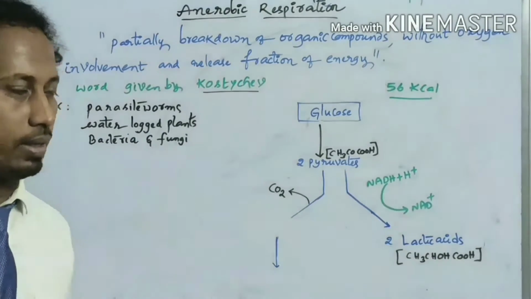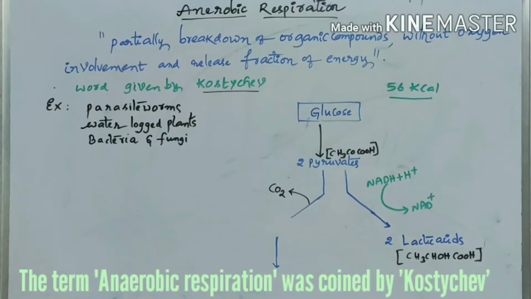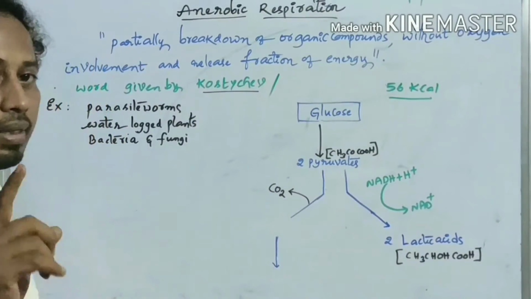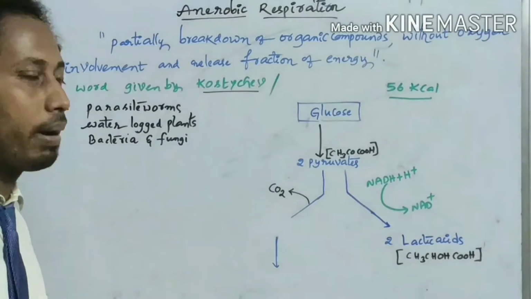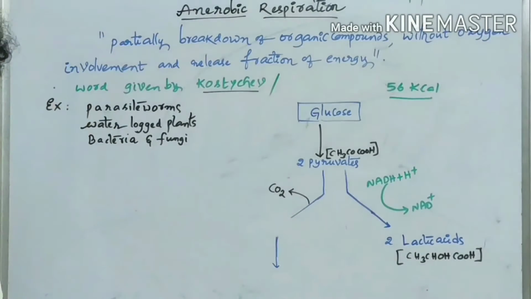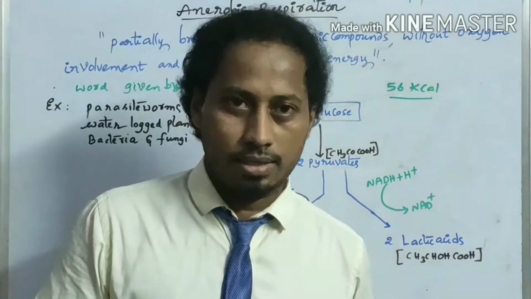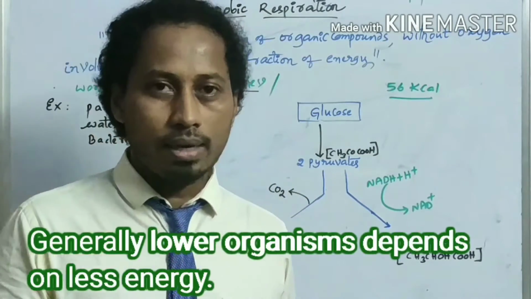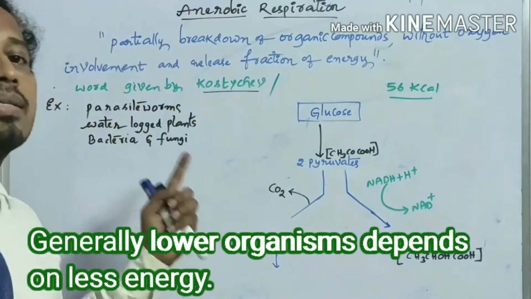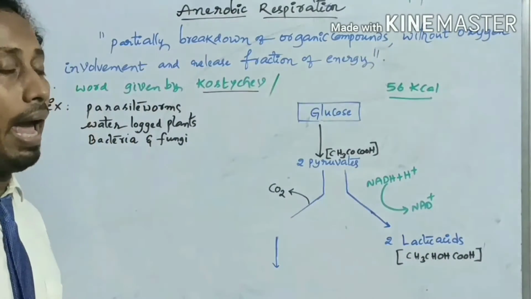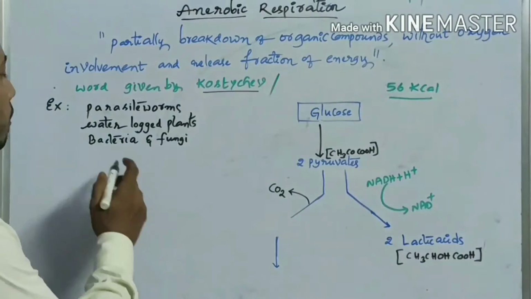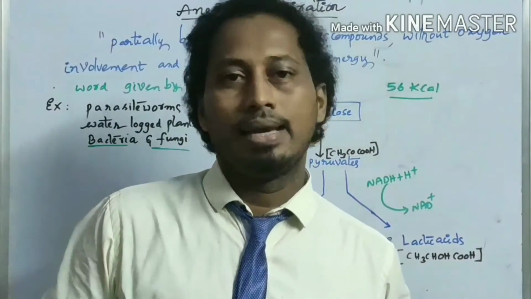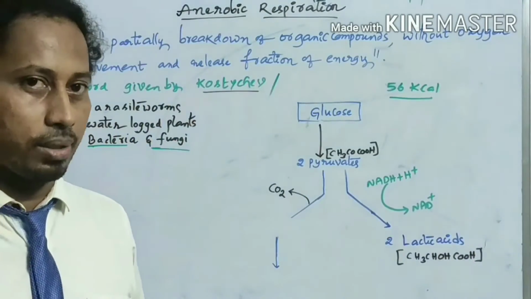The term anaerobic respiration was given by Kostychev. Organisms such as some waterlogged plants, some parasitic worms, and some microorganisms, bacteria and fungi, all have this anaerobic respiration.